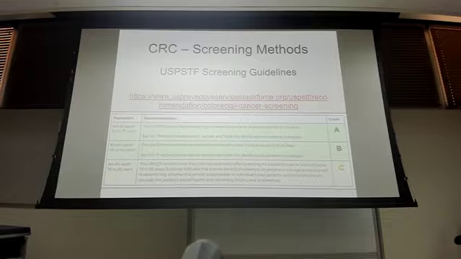That's a discussion to have with the patient based on their history, other comorbidities, and what level of colorectal screening they've had in the past. But right now, average risk starts at age 45 with a colonoscopy. It used to be higher. It's been lowered in the last few years.